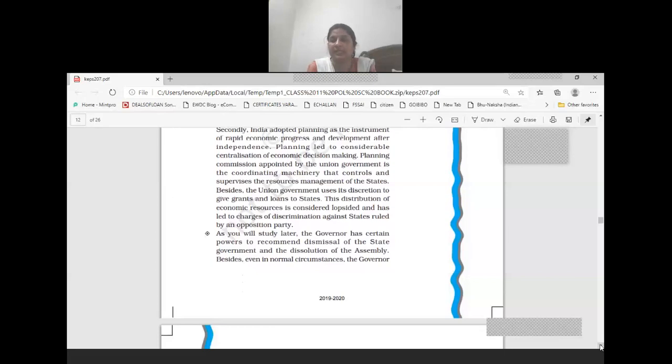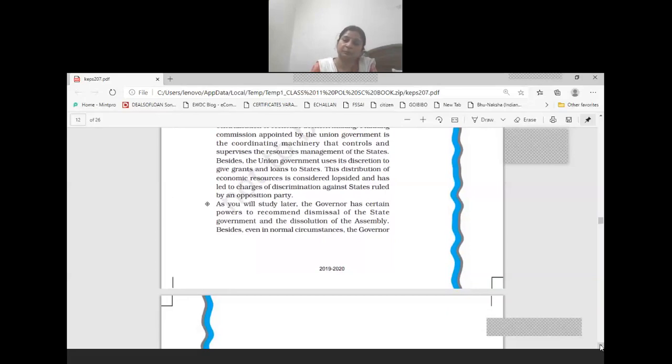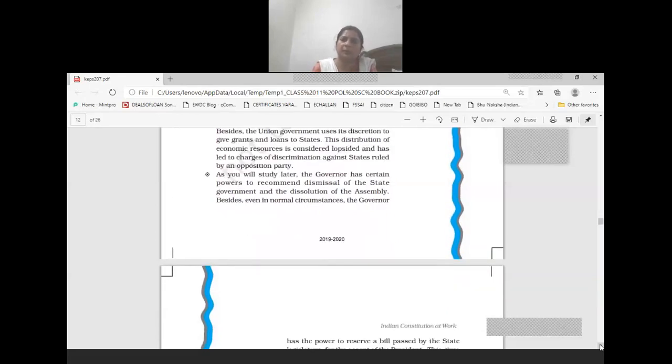Many times it has been experienced that the governor plays the role of the agent of the central government, and he has the power to send a report to the president that in the state in which he is the executive head, the government is not functioning according to the constitution and the constitutional machinery has failed. If the governor sends this type of report, then an emergency will be proclaimed in that state. Article 356 will be used by the central cabinet.